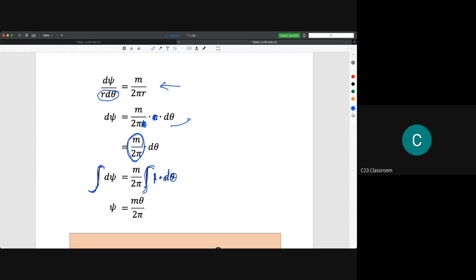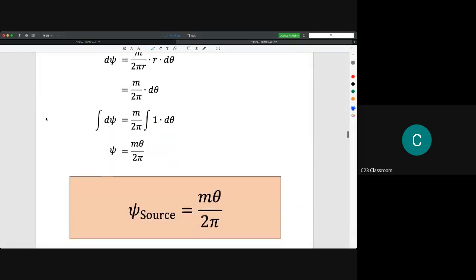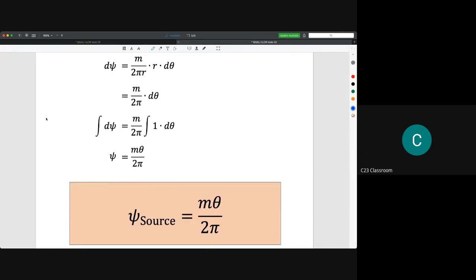So the integration of d psi will give us psi. Ini adalah integrate dan differentiate. So maknanya kita kamirkan sebuah pembezaan, so kita akan dapat dirinya sendiri. So maknanya integration of differential term, so you will get its own term. So maknanya kita akan dapat psi juga. And then the integration of 1 d theta, so we will get theta. So means that from this simple integration work, we could say that the stream function, the psi for source, is equal to m theta over 2 pi.